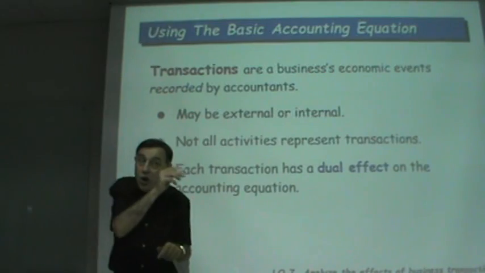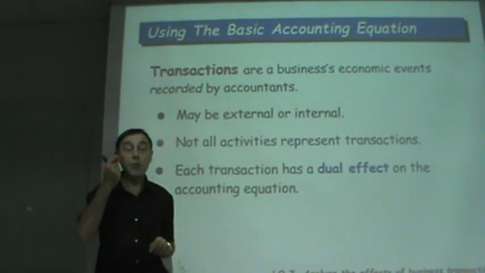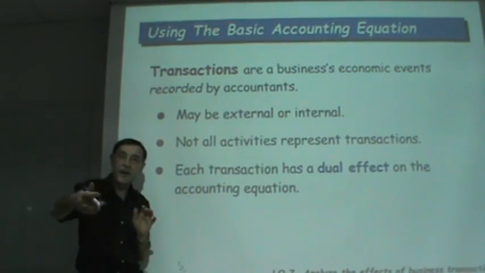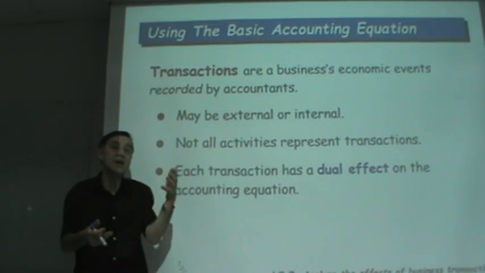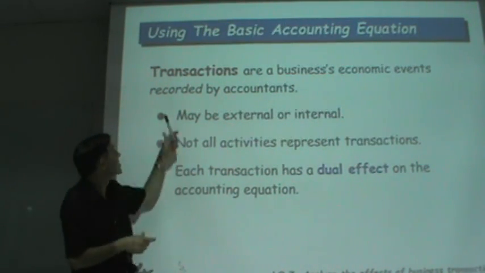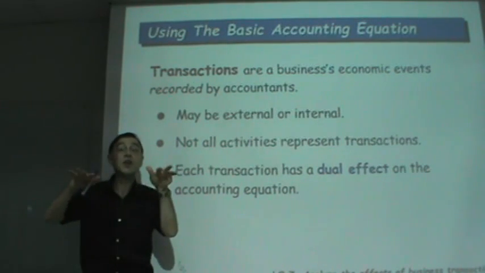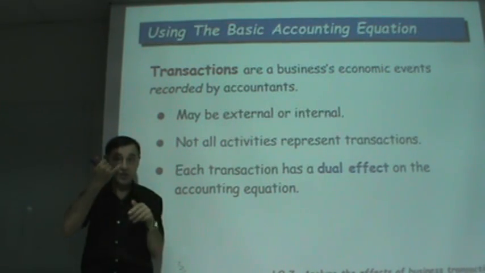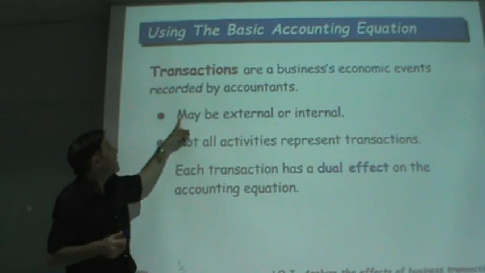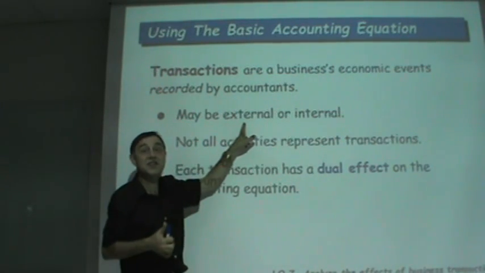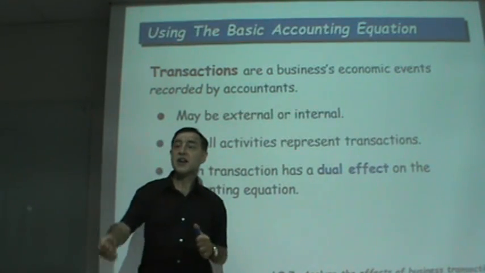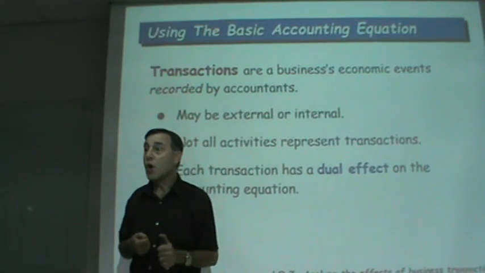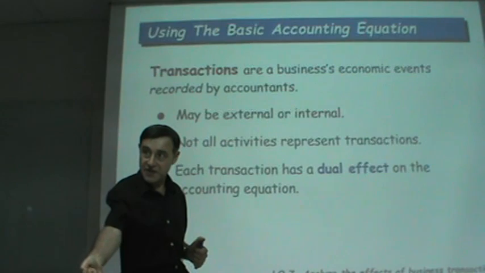In other words, there's going to be something happening. In the next hour we will be covering a number of different examples of transactions and how we record them. Okay? So, the transaction may be external. An external transaction is when a customer comes and orders a lunch for 50 baht.